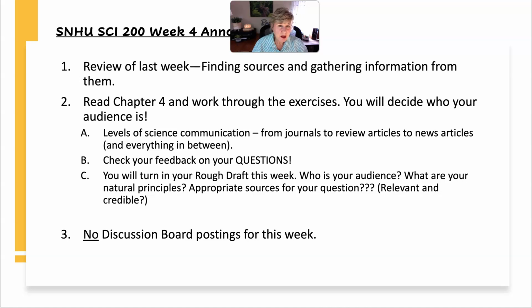And you have everything in between. You have scientific blogs. You have scientific magazines like Scientific American that is written on the level of the general public who is interested in science topics, who wants to get an idea of what the CRISPR-Cas9 gene editing system is, or you want to know how electric vehicles work, or, oh my goodness, you want to know the latest research on black holes, anything like that.